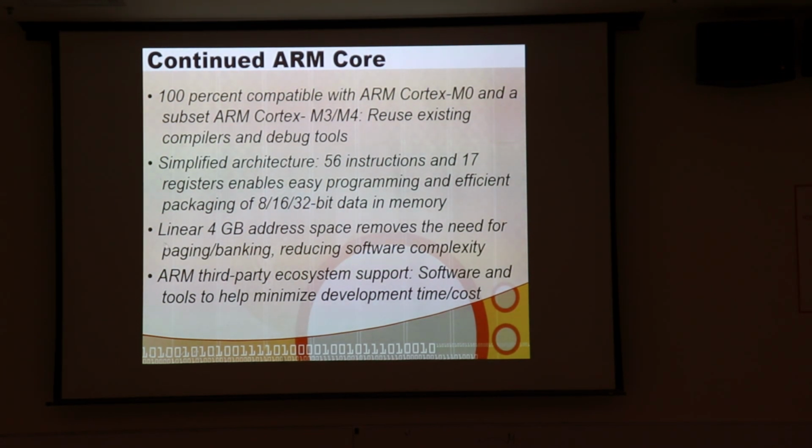So it does have this linear 4 gigabyte address space, which is really nice because that means there are no bank registers, no paging. It does simplify the software. And then of course you have many other manufacturers making chips with an ARM Cortex-M0 Plus core.